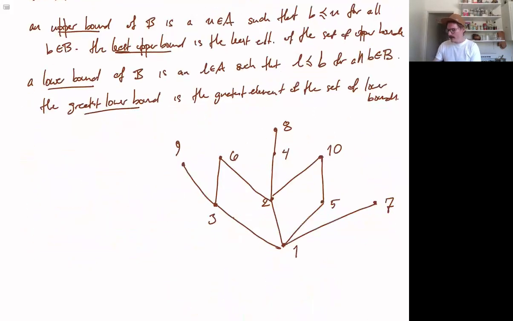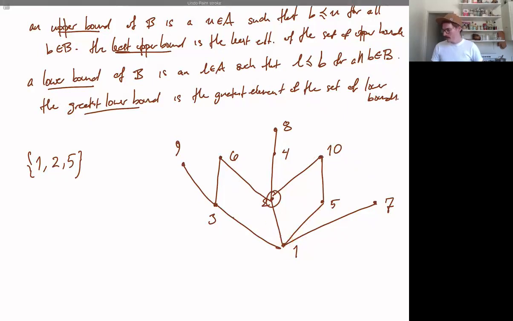So let's look at this example again. What about the subset 1, 2, and 5? Does this have an upper bound? Well, that's these elements. And we can see that 10 up here is greater than or equal to all of them. So this has an upper bound.